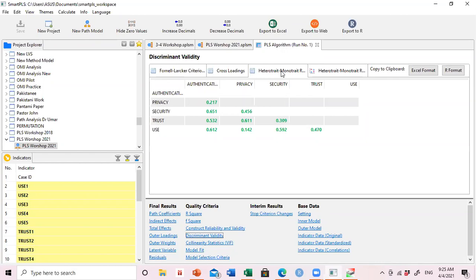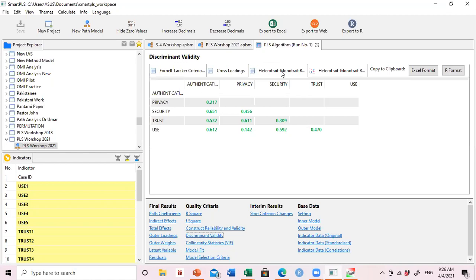You look at all the values in the table. Is there any value greater than 0.9? If there is, it means there is a discriminant validity problem using HTMT. If there is none, then you have achieved HTMT. Or there are two thresholds by two different people.